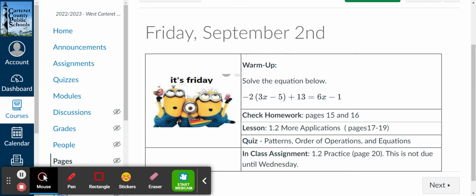How much did I add to the 7 to make it equal 9? 2. And how much did I add to the 7 to make it equal 11? 4, right? So it's funny that the terms that we use to add for consecutive odd integers and consecutive even integers are the same. This represents 3 consecutive odd integers.